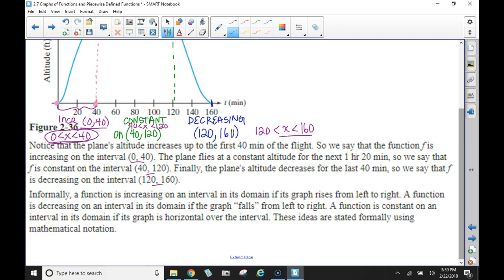Okay? Now, informally it says a function is increasing on an interval in its domain if its graph rises from left to right. If it goes up as you read it from left to right, a function is decreasing on an interval in its domain if the graph falls from left to right or goes down from left to right, and a function is constant on an interval in its domain if it's straight across, horizontal, constant over the interval.